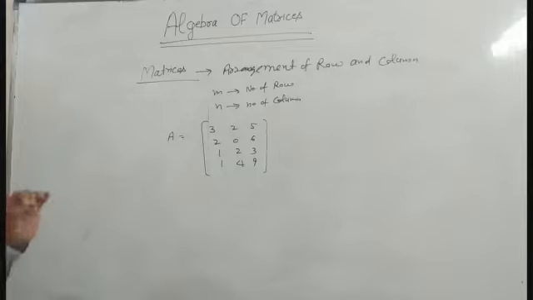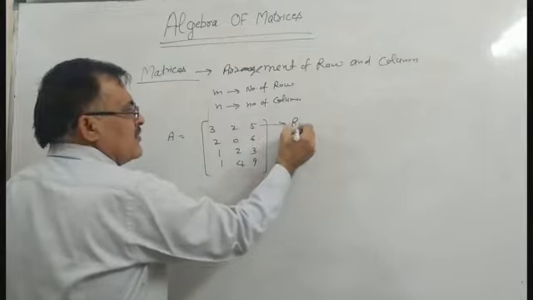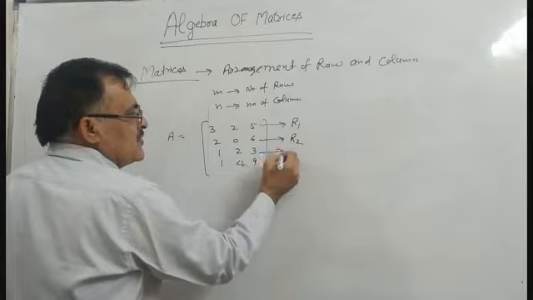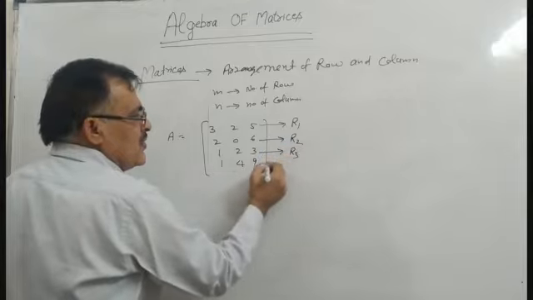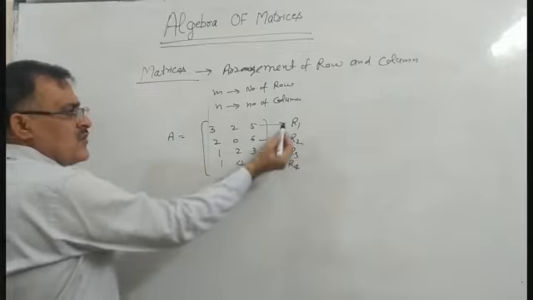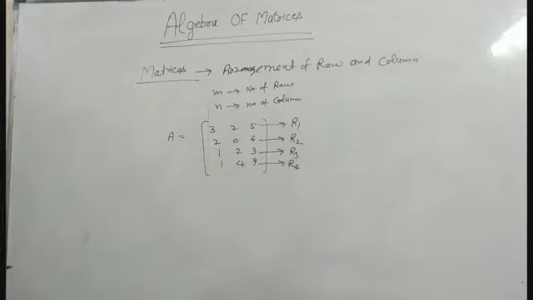We can calculate the number of rows and columns. These are rows. This is called the first row, R1. This is R2, the second row. This is R3, the third row. And this is R4, the fourth row. Horizontal lines can be called rows.